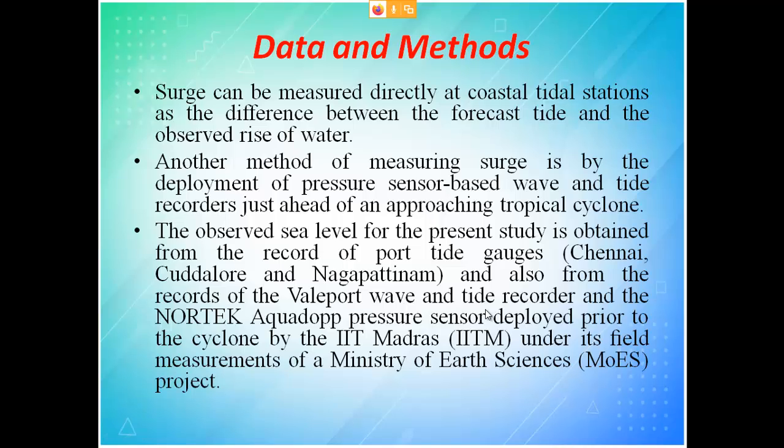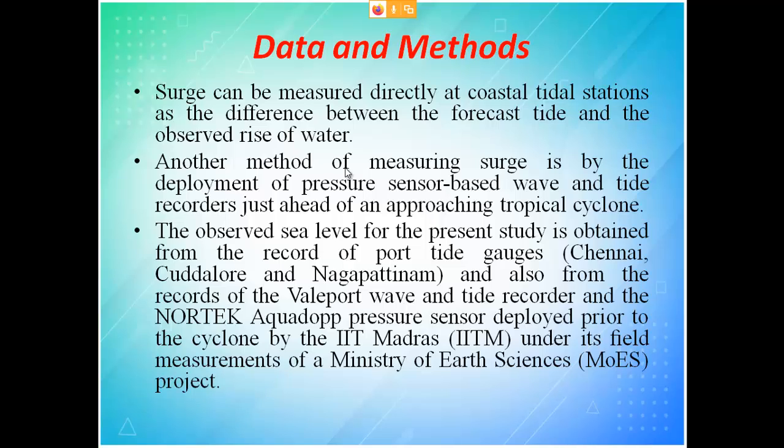So, data and method of the case study. You have to collect the data. Surge can be measured directly at a coastal tidal station. So we have tidal stations, as the difference between the forecast tide and the observed rise of water. There was another method also for measuring the surge, which was developed using pressure sensor based wave and tide recorders.